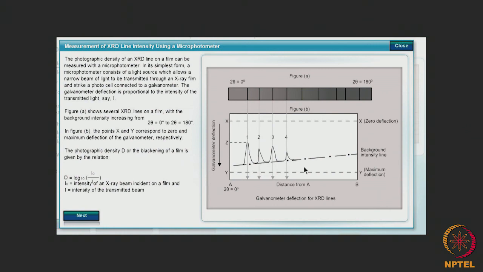The photographic density or the blackening of a line is given by the relation D is equal to log I0 by I to the base 10. I0 is the intensity of the light incident on a film, not the X-ray beam, it is wrong here, and I is the intensity of the transmitted beam.